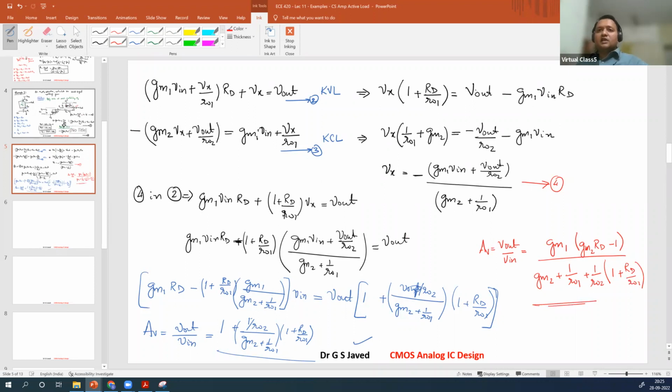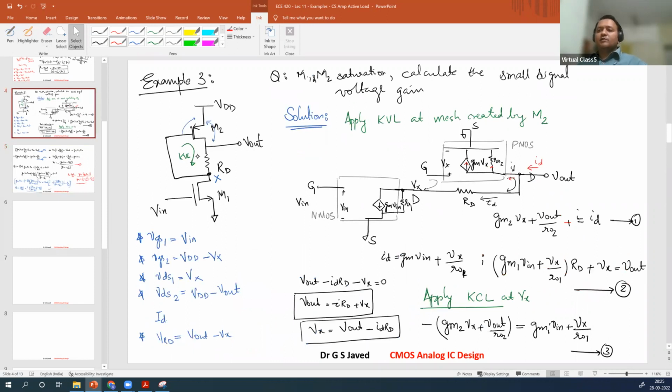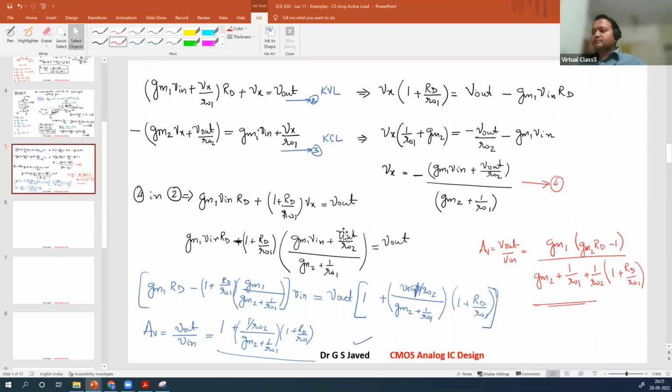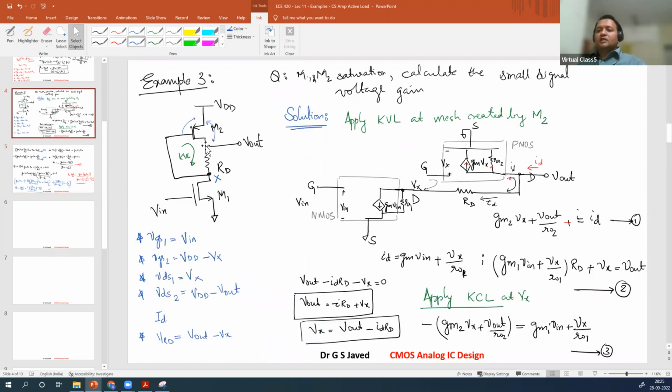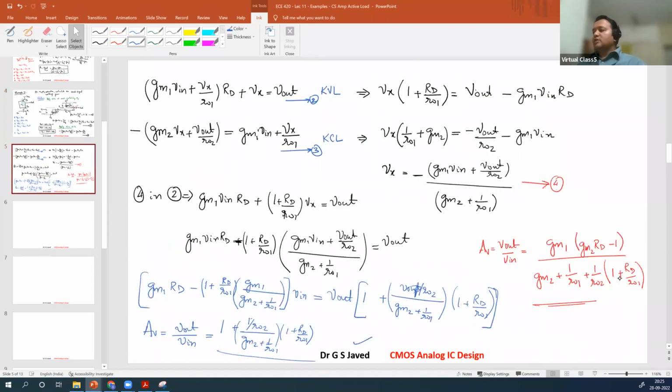Now, if you see, this is the dependence that happens when you add cascode devices, add a resistor in between, add feedback. So what is your takeaway? What are the takeaways here? If there is RD coming into the picture between the drain of one PMOS device and the drain of the other, in a feedback loop, you will see that the RD helps in reducing the gain, but it also increases the bandwidth.